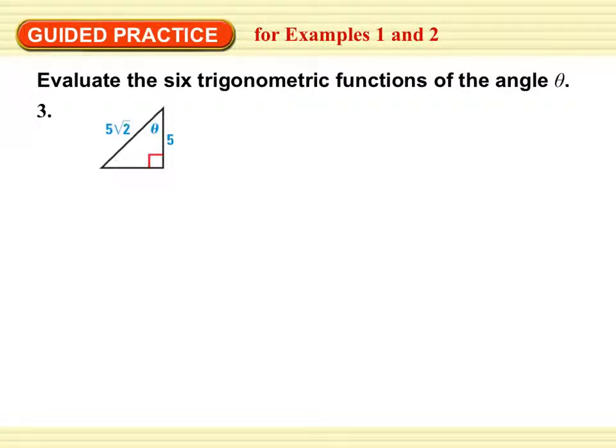Okay, last guided practice, I think. Maybe not. This one's crazy. Okay, I know C, I don't know A and B. I guess we could say that's A. A squared plus B squared equals C squared.